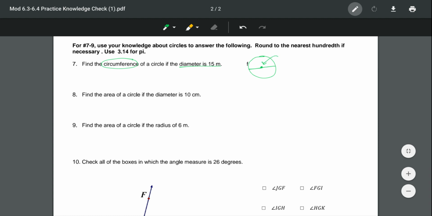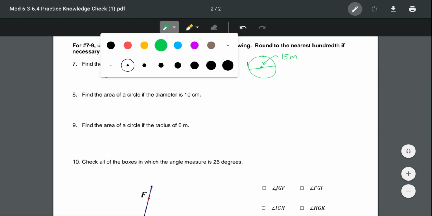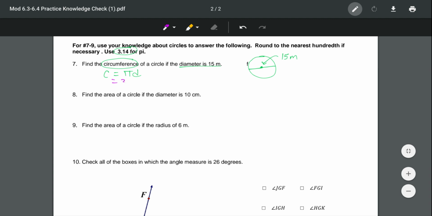So the diameter here would be 15 meters. The formula for circumference is pi times diameter. We're told to use 3.14 for pi, so you replace pi with 3.14 and then multiply times the diameter, which is 15.